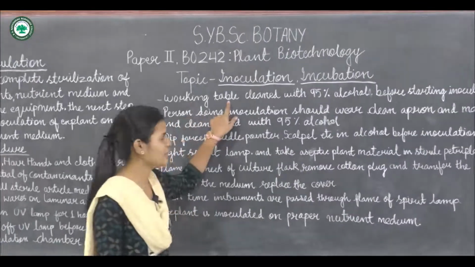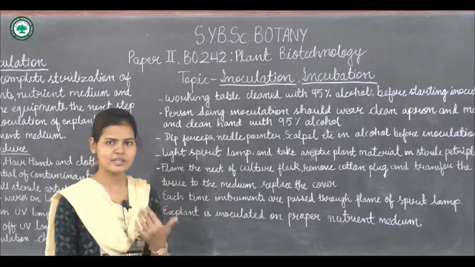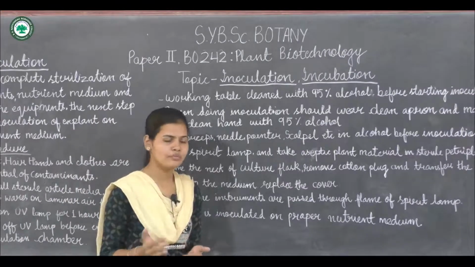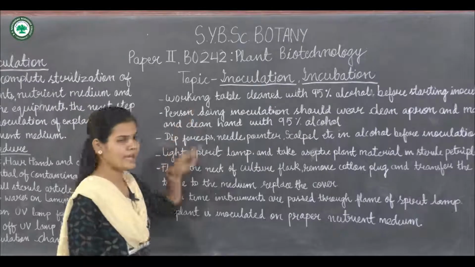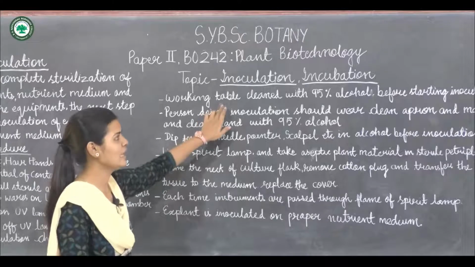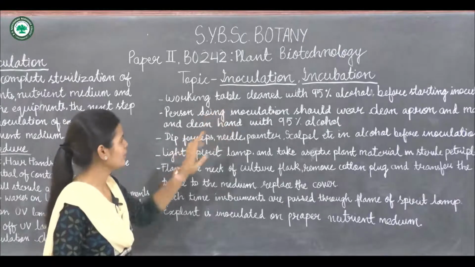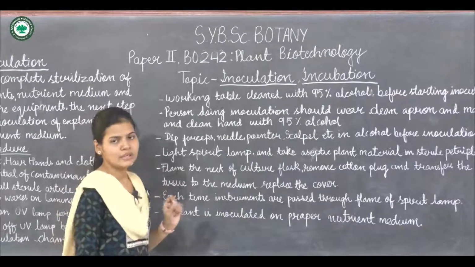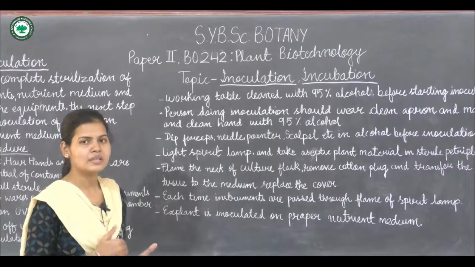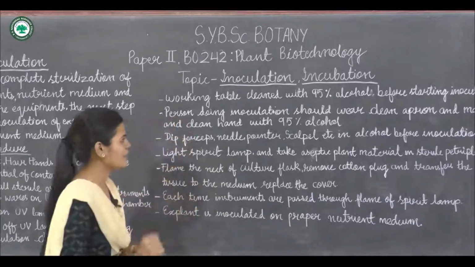Now the working table should be cleaned with 95% alcohol before starting the inoculation. After the UV light is switched off, the working table, the area where we are going to do our culturing or inoculation, should be cleaned with 95% alcohol.